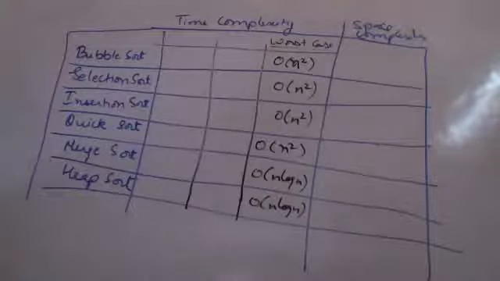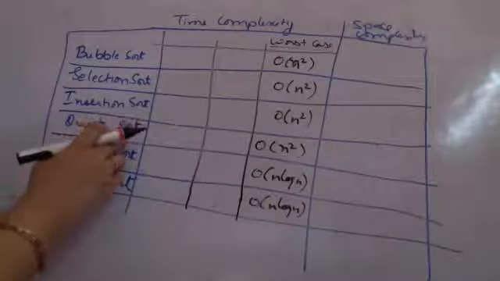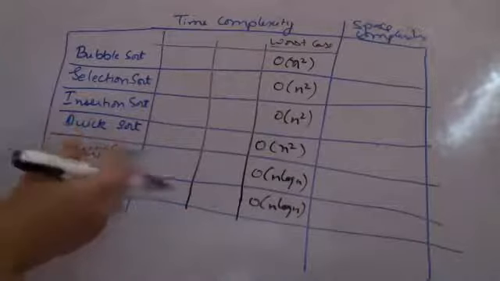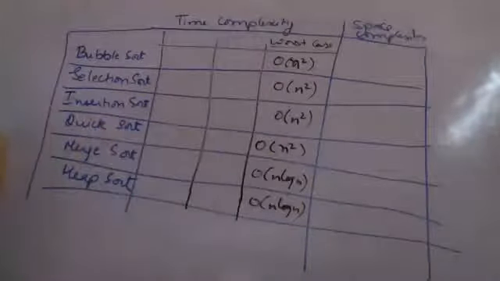Now, in the average case, all the other sorting techniques will perform almost like the worst case, except for quick sort. Yesterday only we saw, if we are having an almost sorted list, then it is almost a worst case for quick sort.